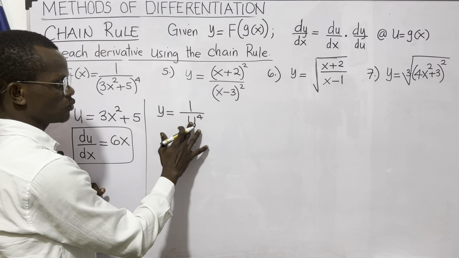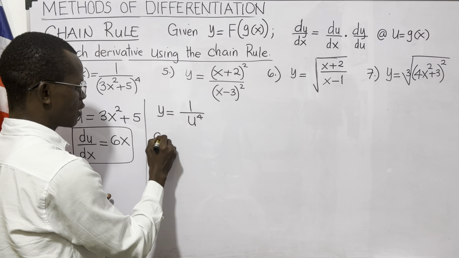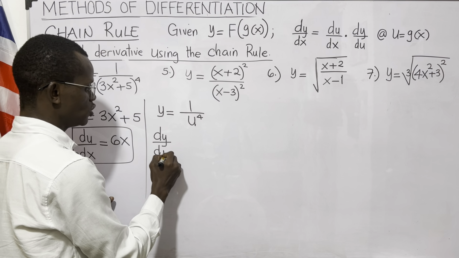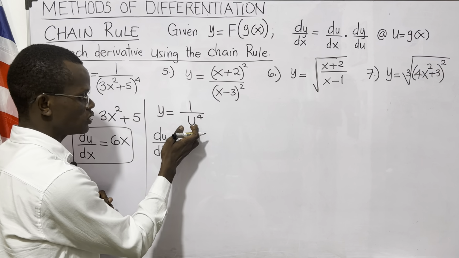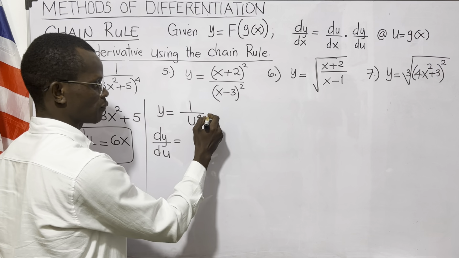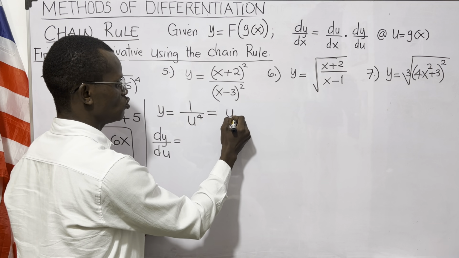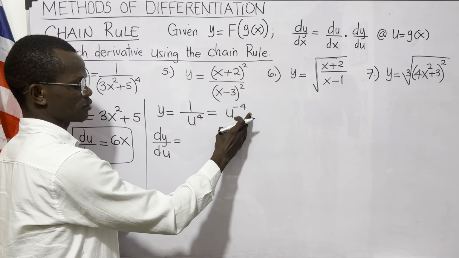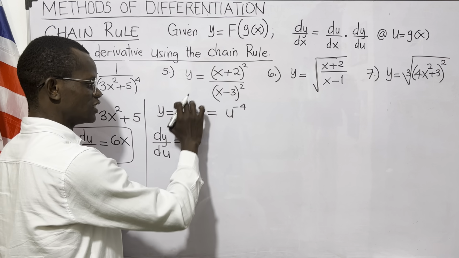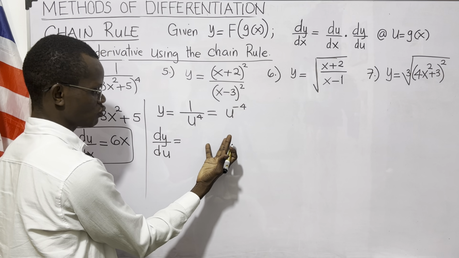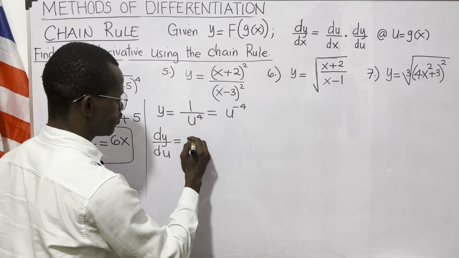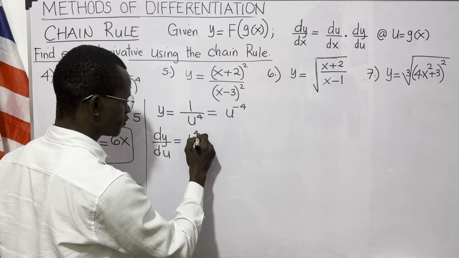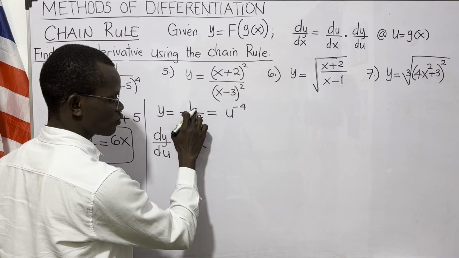Two ways we can solve this. We can differentiate this problem to find our dy by du. One could be we send this to the numerator, that is, we rewrite it as u to the power minus 4, and then we differentiate this one. Or we leave it like this and apply the quotient rule. So to apply the quotient rule here, we hold the denominator, u raised to the fourth power, and we differentiate this one.